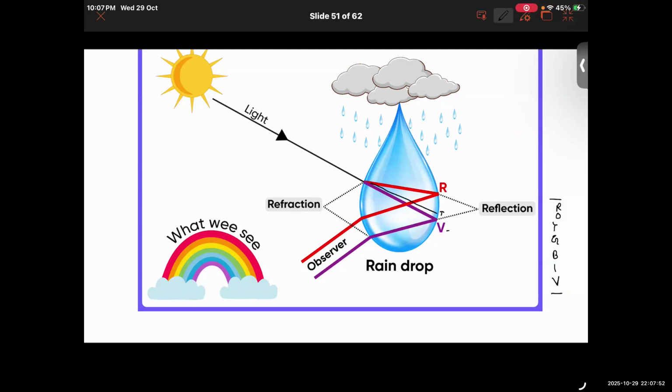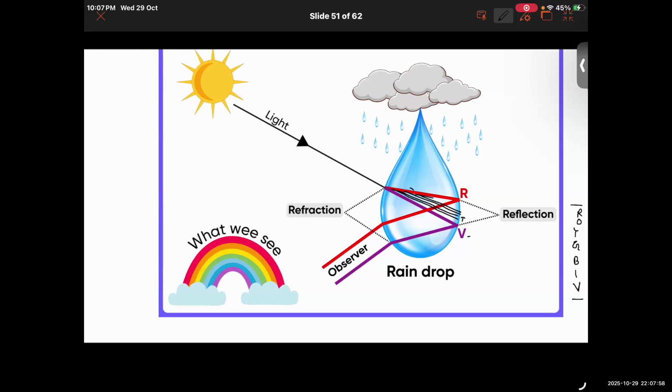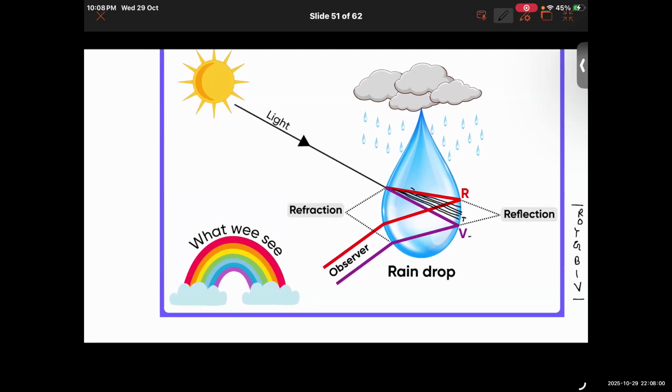That is violet, indigo, blue, green, yellow, and orange. Now these rays of light are going to get reflected once again from the surface of the water. This is the internal boundary of the water. So it is going to get reflected once again like that.